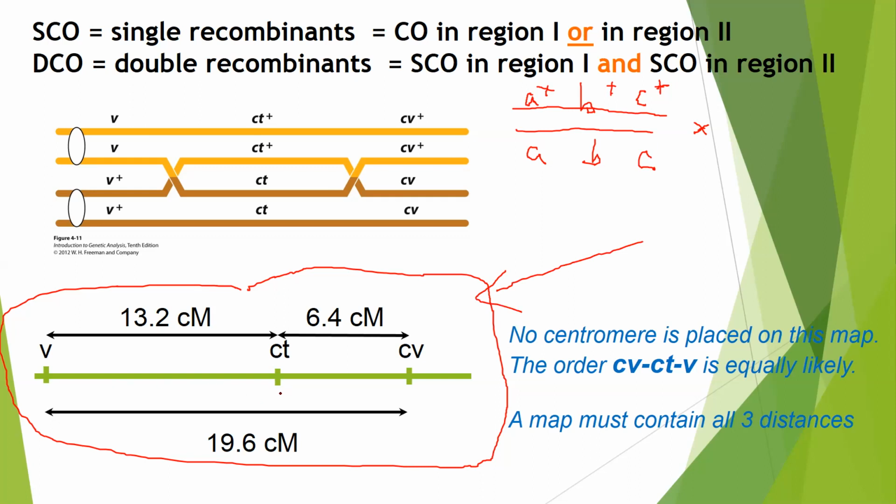So which gene is in the middle. Then based on the data, we will be able to calculate the genetic distance between these 2 genes, these 2 genes, and also these 2 genes. Using this map distance, you can easily construct the genetic map for these 3 genes. This is what we learned last time.